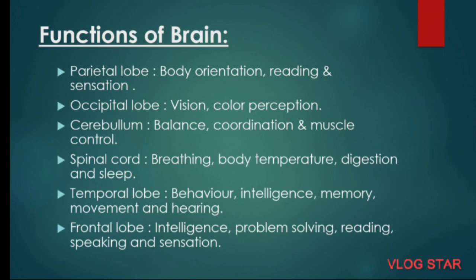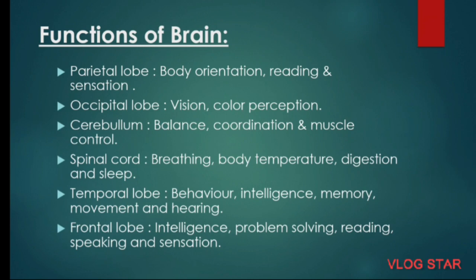Next we will study about the function of the brain. I am explaining one more time in simple form. Let's see how different parts of the brain perform different functions. Starting from the parietal lobe, it carries out functions like body orientation, reading, and sensation.